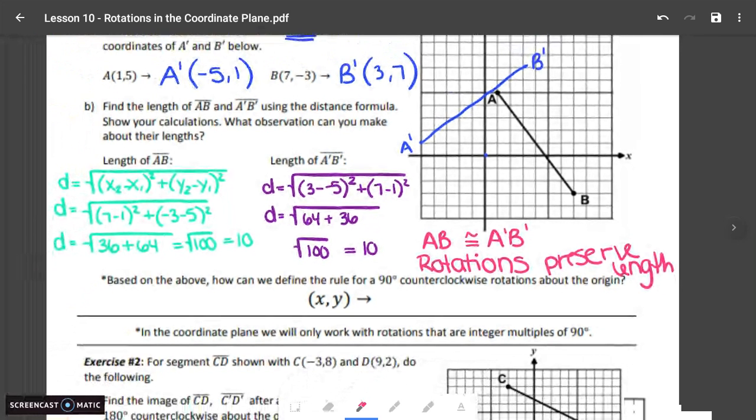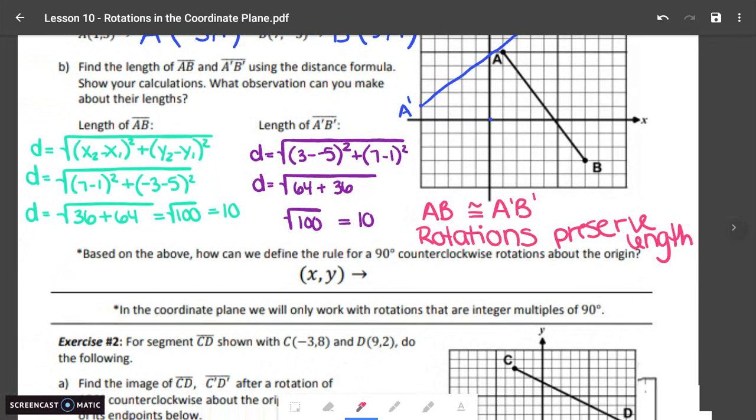And just to remind ourselves, all counterclockwise rotations of 90 degrees follow the same rule. It's (-y, x). Okay, now 90 degrees isn't the only amount we can rotate, but we usually stick to the multiples like 90, 180, 270, and then 360, you remember, is a full circle.